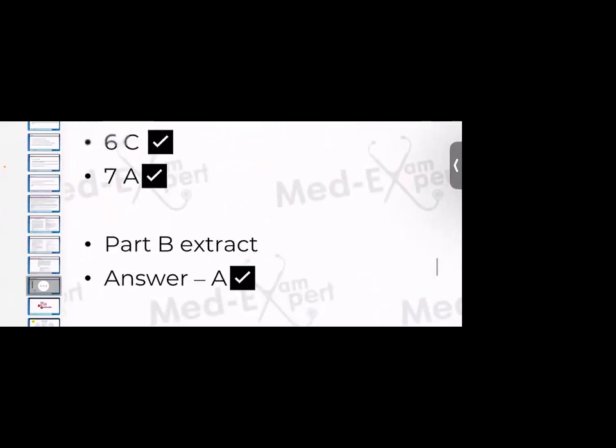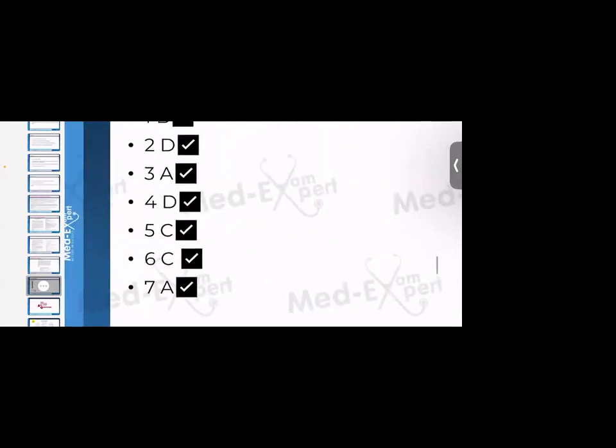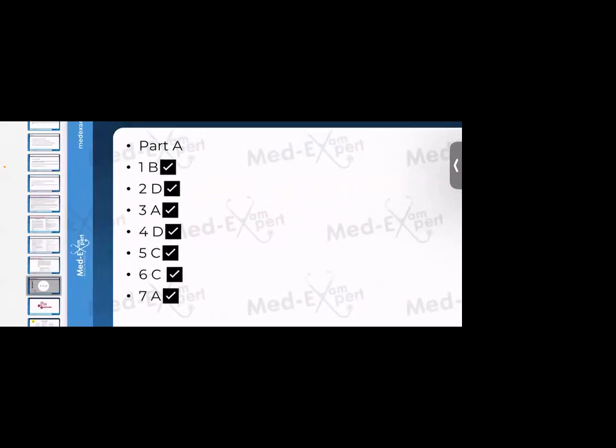I have shown you the answer key for part A actually. Okay. So here is the correct key of part A. Please take a screenshot and then you can solve it at the end of the webinar. Thank you, ma'am. You're welcome.